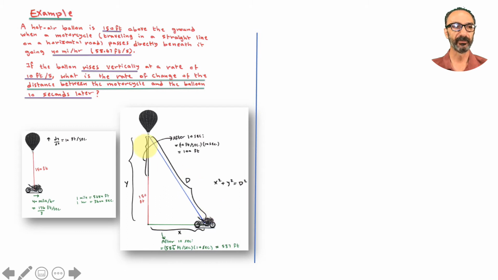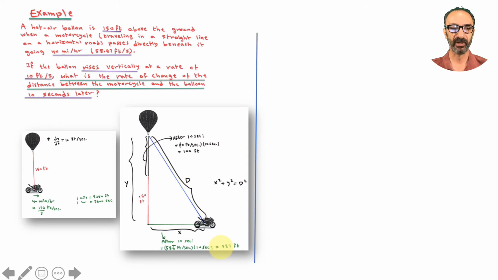Now, after 10 seconds, the motorcycle is going to move and the balloon is going to rise. So we have more distance vertically, and now we have a distance right here. Let's look at this one here. After 10 seconds, the speed or the velocity of the motorcycle is 58.67 feet per second times 10 seconds to give me the total distance.